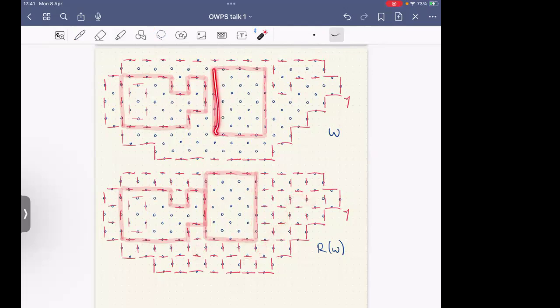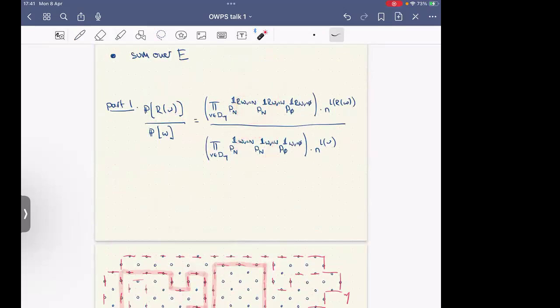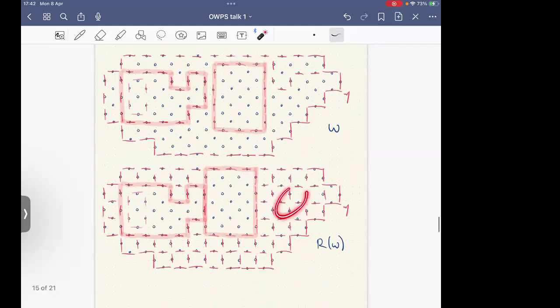And in particular, it's preserved by this map. Everything going on here is the same as what's going on here, and also here and here. So for every vertex in V1 and also in V2, these things are going to cancel. And so what's going to be left is what's going on outside.